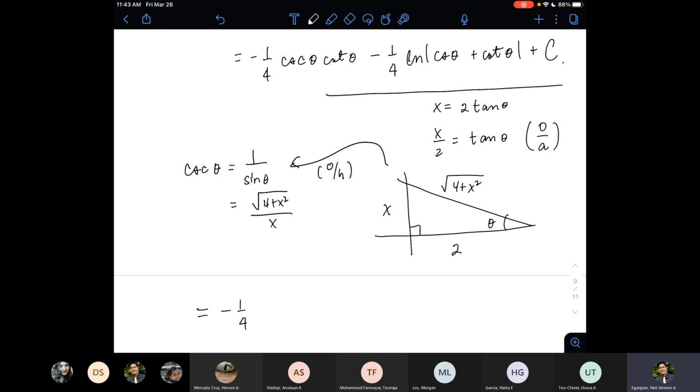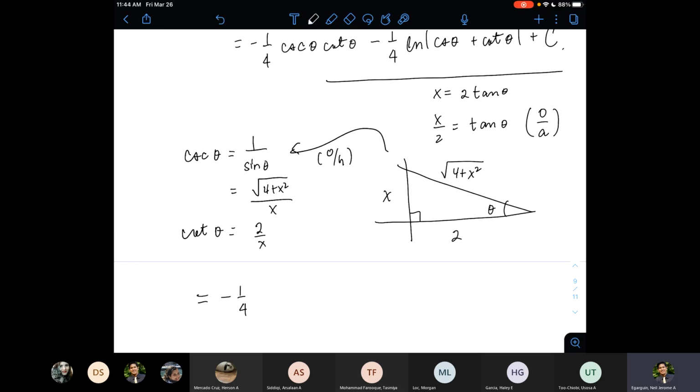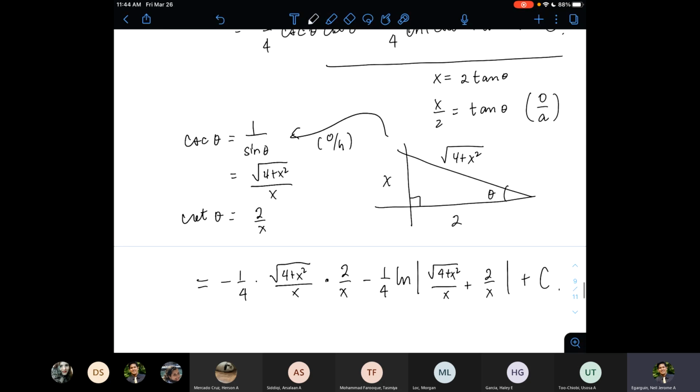Cotangent is simply the reciprocal of tangent, so it's 2 over x. So cosecant theta would be the square root of 4 plus x squared over x. Cotangent is 2 over x, minus 1/4 ln of this guy, plus c. And that's our integral.